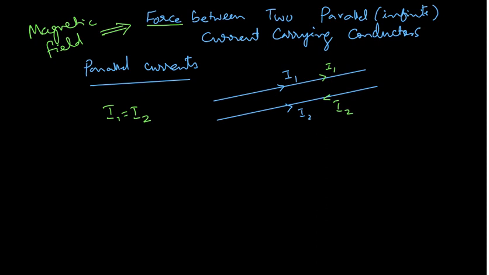Read from the second paragraph. The conductor A produces the same magnetic field BA at all points along the conductor B. Understood that, right?